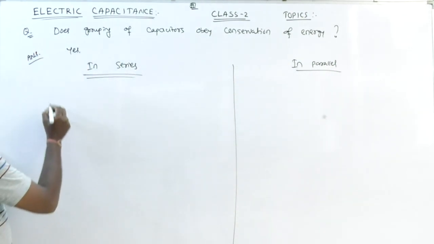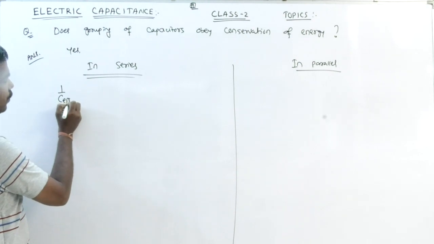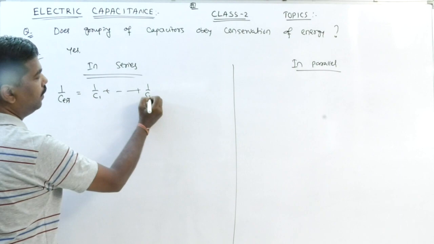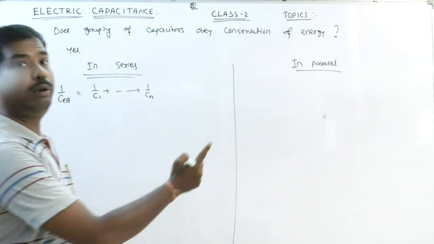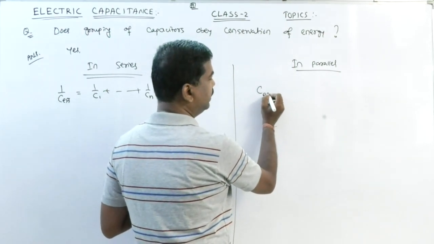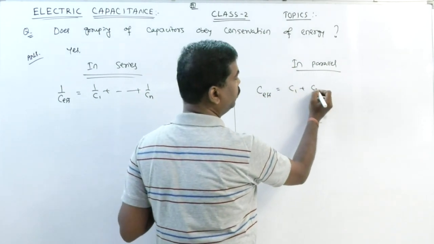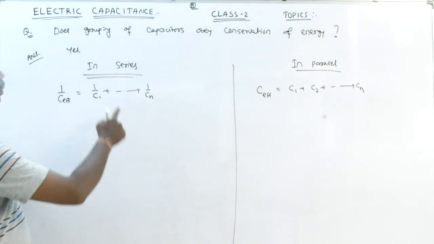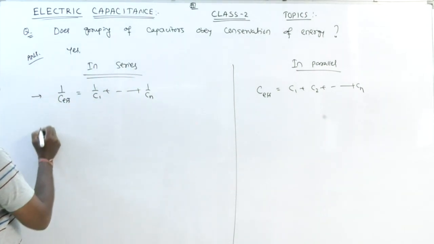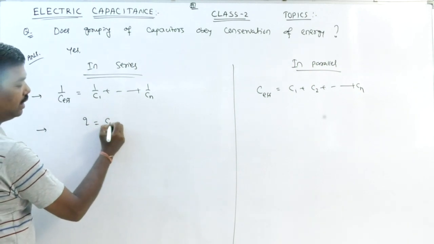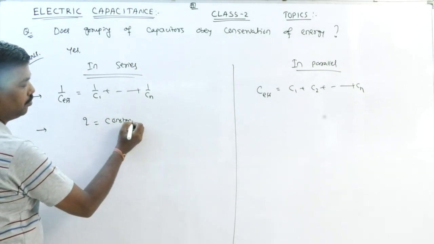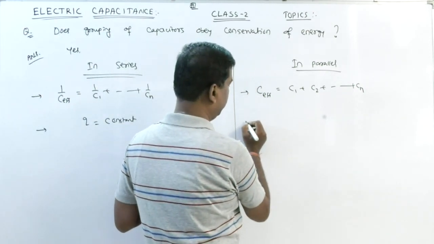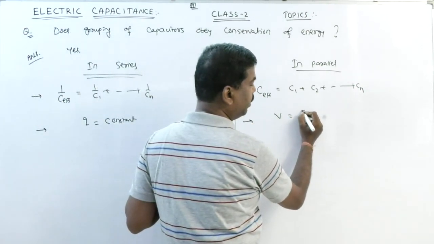In series, effective capacitance: 1 by C effective is equal to 1 by C1 plus ... plus 1 by Cn. In parallel, C effective is equal to the sum of individual capacitances. Capacitors are said to be in series if the strength of charge remains constant. Capacitors are said to be in parallel if the potential difference across each capacitor is equal.